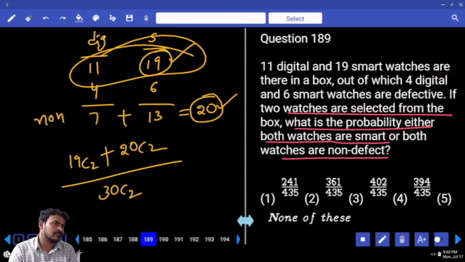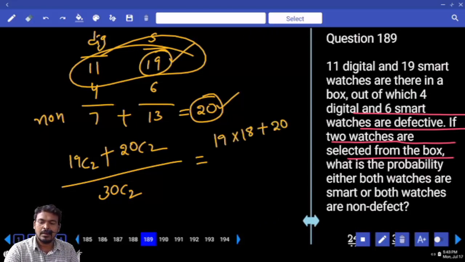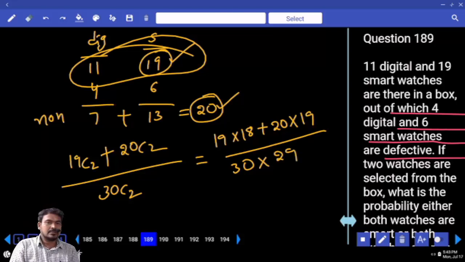Event size by sample size. What is the event size? 19 C2 or 20 C2, by sample size 30 C2. 19 C2 means that will be 19 into 18. 20 C2 means we write 20 into 19. What is the denominator? 30 into 29. Any cancellation? 2 times 9 is 18, 2 times 10 is 20.